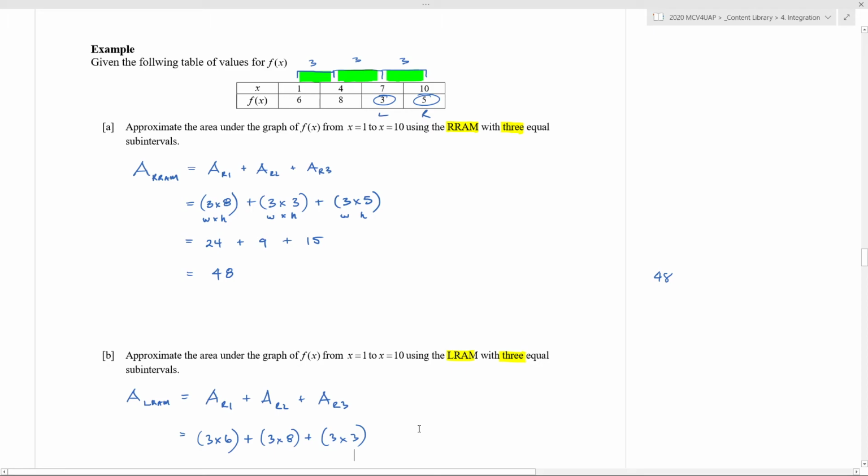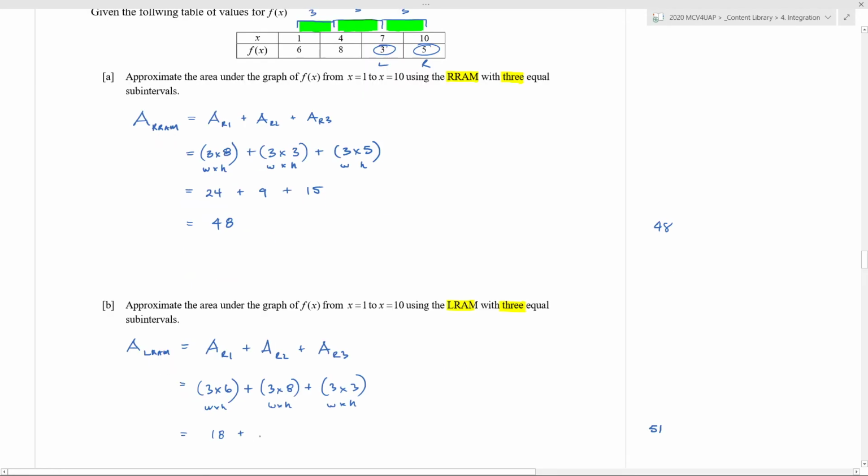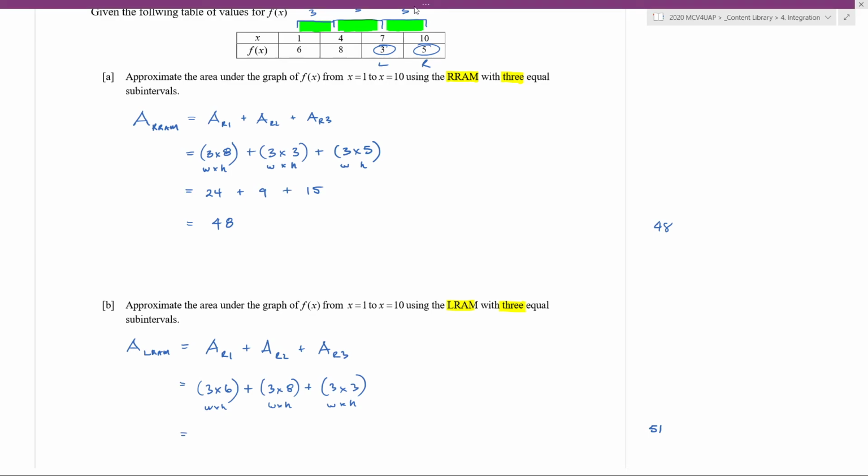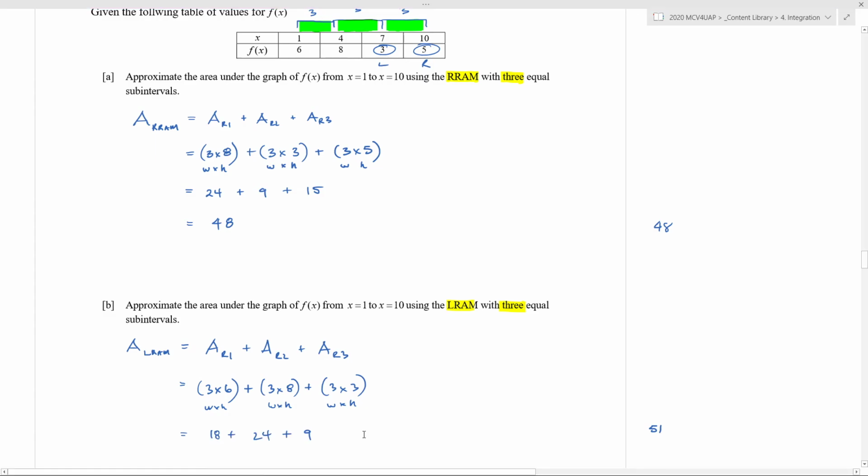So the first one is 18. 18 plus 24 plus 9 gives us a total of 51.